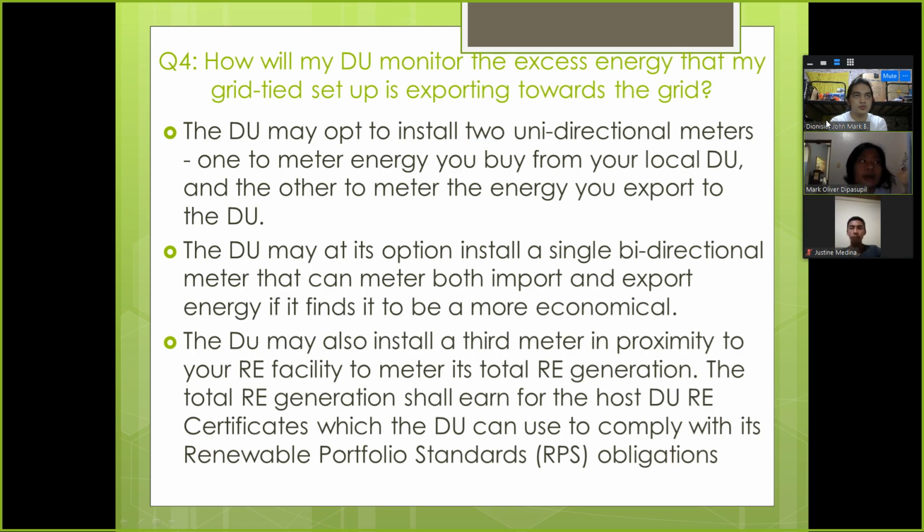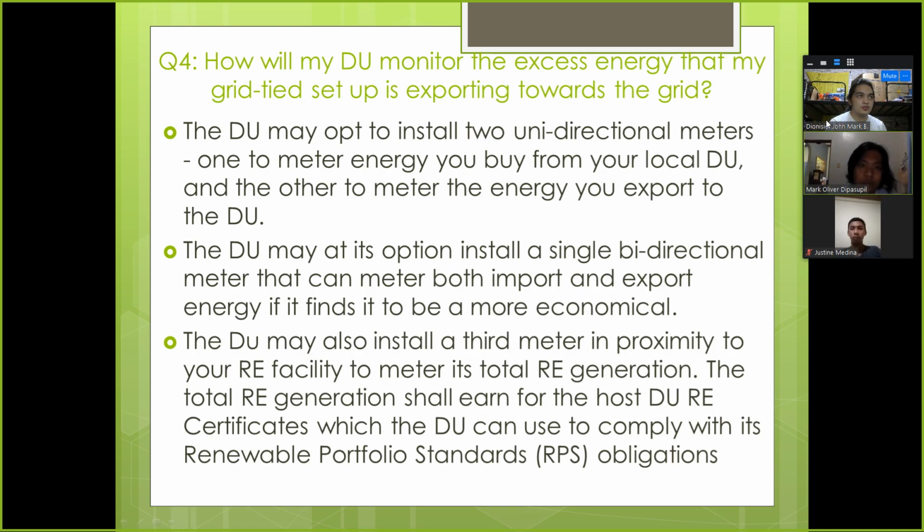Ibig sabihin, kahit na sabihin natin meron kang sobrang kuryente na na-produce, pag dumaan sa metrong ordinaryo, ika-count yun as nagamit na kuryente mo. So, lugi ka. Kumbaga, parang napamahal ka pa kasi yung nabasa na kuryente ng metro mo is counted as yung nagamit na kuryente mo. Hindi siya na-count na sobra. So, yun yung disadvantage ng gumamit ng ordinaryong metro.